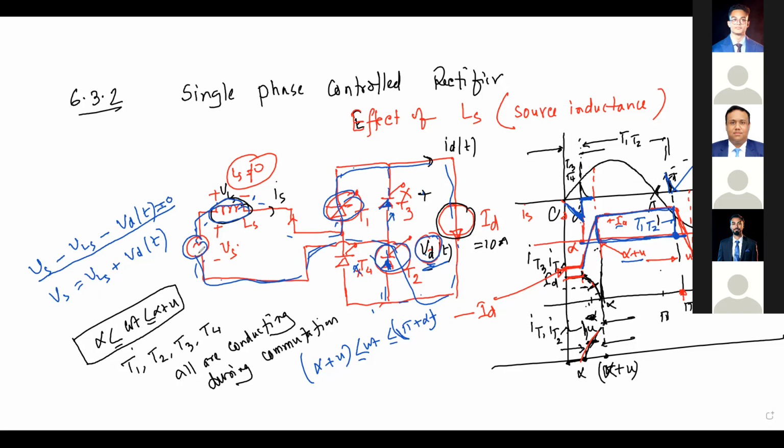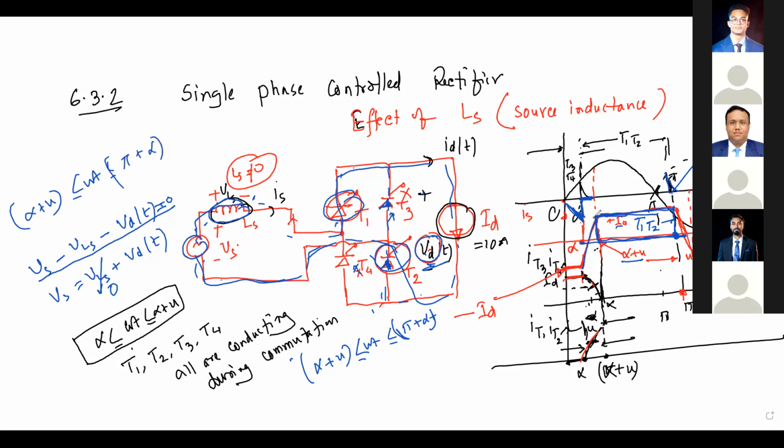Am I correct or not? Yes, sir. So now I want to tell that VLS will be 0. Why? During this time, the current IS is constant during this period. You are correct. So pi plus alpha.